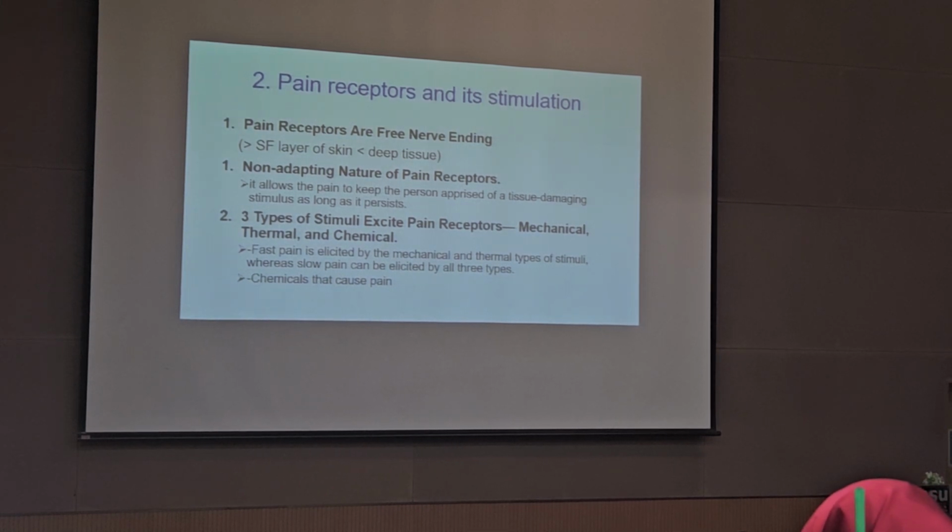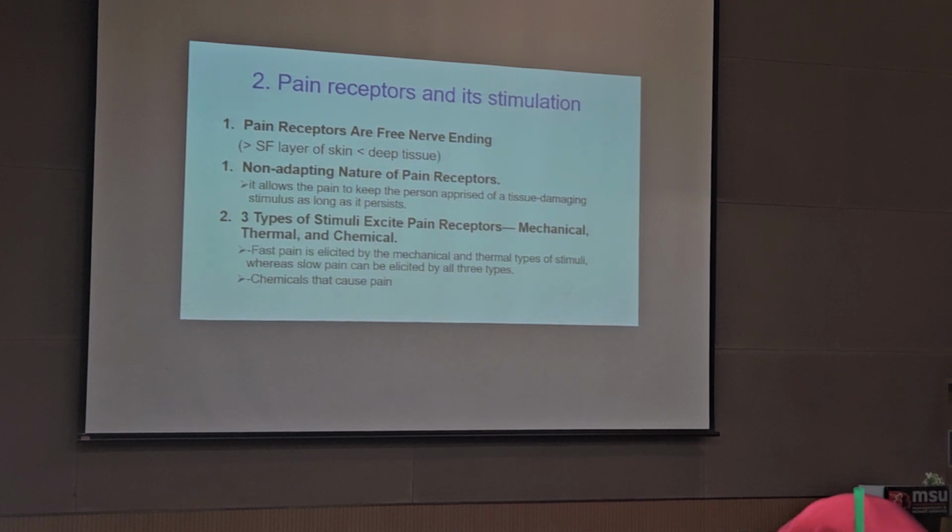Mechanical means any kind of injury or mechanical stimulus. Then temperature, and chemical, such as the inflammatory mediators just now, the potassium ion concentration, and H plus. These are the main stimuli for creating pain.